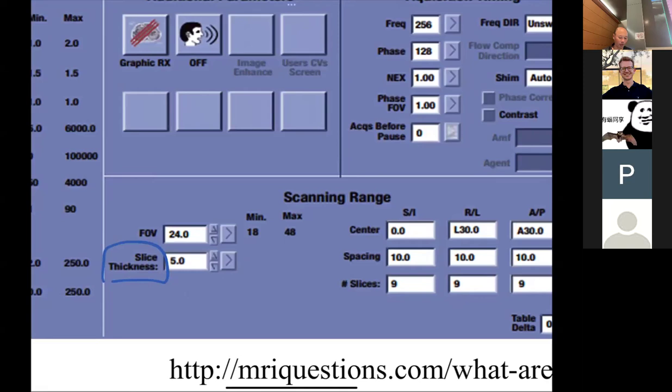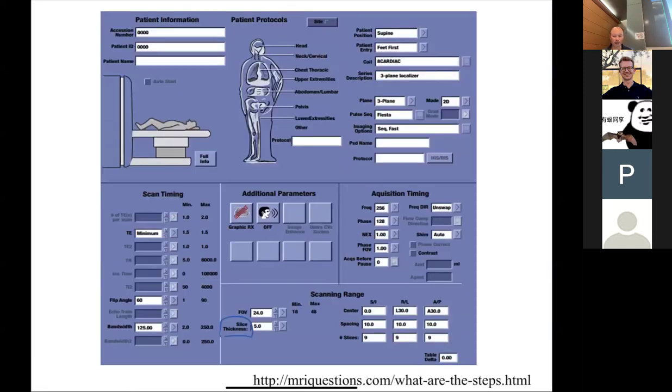Okay. So what is that? Well, that's something that the user will set. Essentially, if you think about a volume, there's different ways of imaging it. But one of the ways is what's called 2D imaging, where we go slice by slice by slice. We define what the thickness of the slice is, and then we excite a slice of magnetization, just image that, and then go to the next slice, image that.